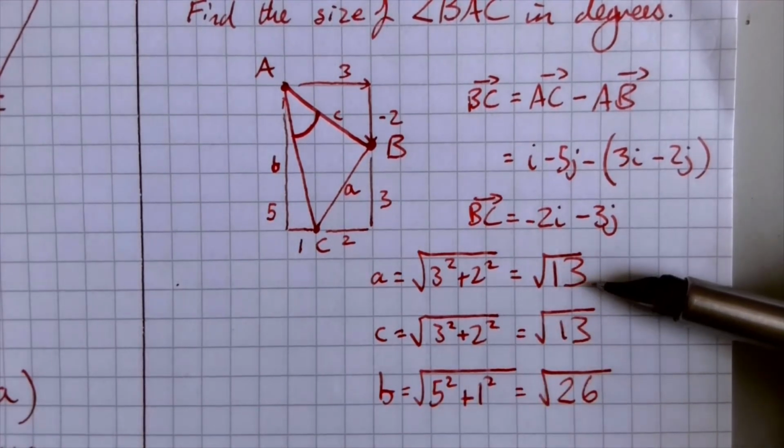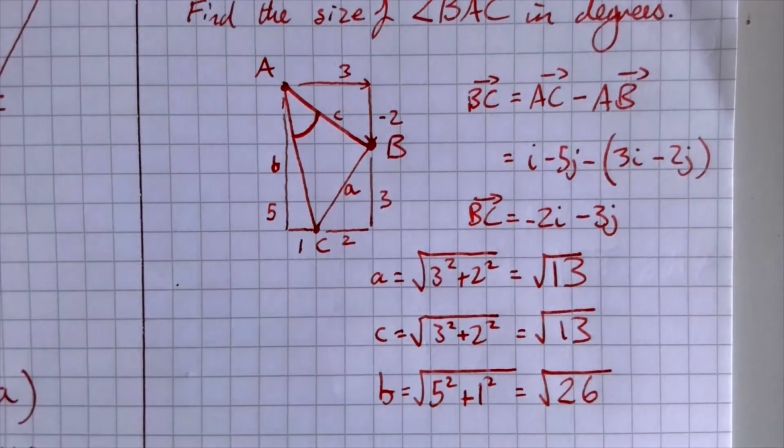Remember, that doesn't mean that those two are half of that one. Of course, you can't have a triangle where the longest length is exactly double both of the other two, because you'd just have a line. Think about it.